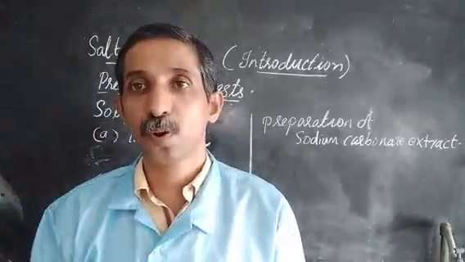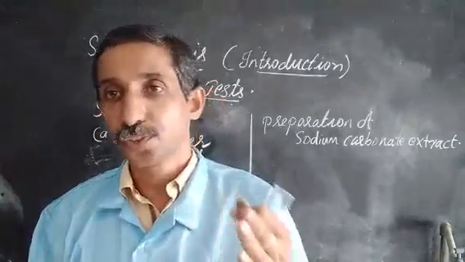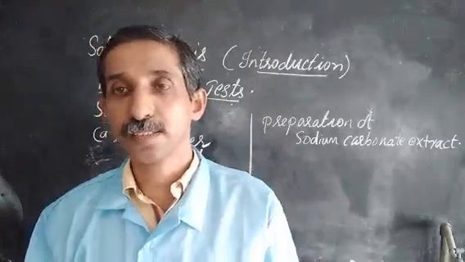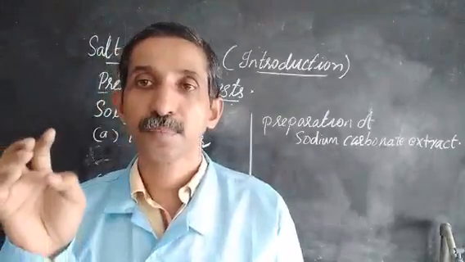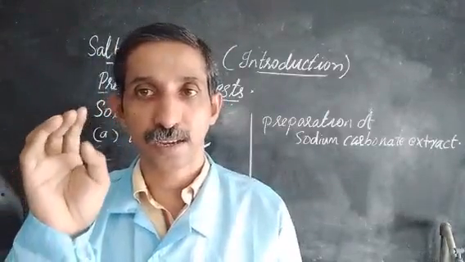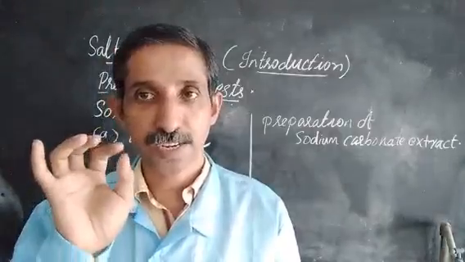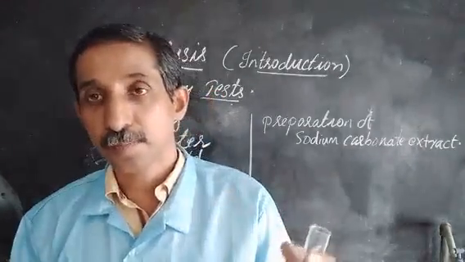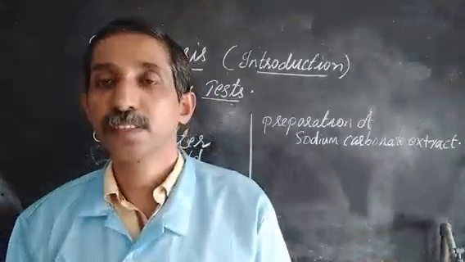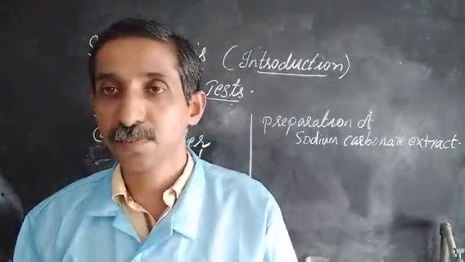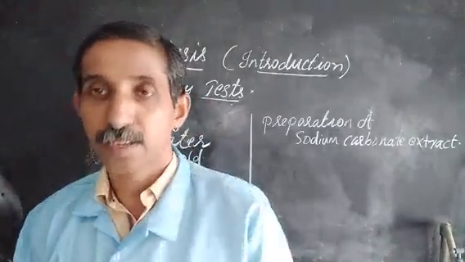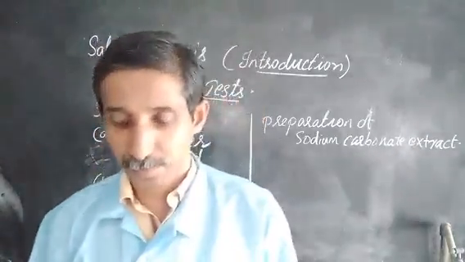There is a third group called the random group which contains 3 more anions as per your syllabus. That is oxalate, sulfate and phosphate. These 3 anions can be tested only with the sodium carbonate extract. That is the reason why preparation of sodium carbonate extract is regarded as a very important procedure.